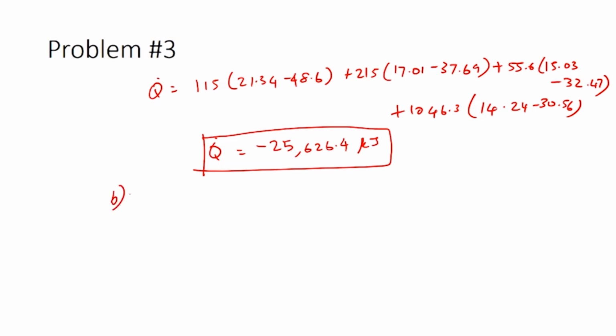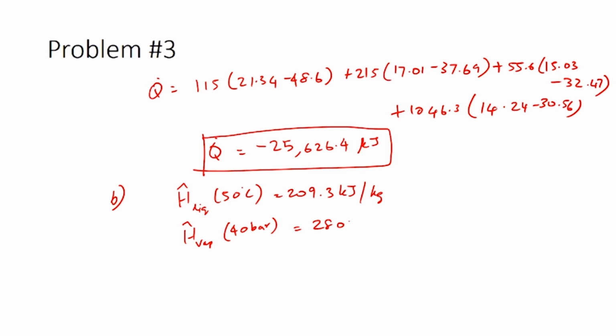For part B we can use steam tables. The H cap of liquid water at 50 degrees Celsius can be looked up in the steam table to get 209.3 kilojoules per kilogram as the enthalpy with reference to its reference state in the steam tables. Similarly, H cap for water vapor, which is saturated vapor at 40 bar, is 2800.3 kilojoules per kilogram.